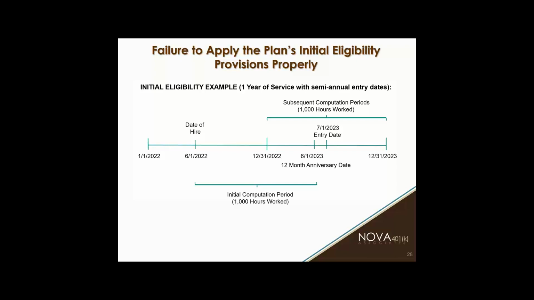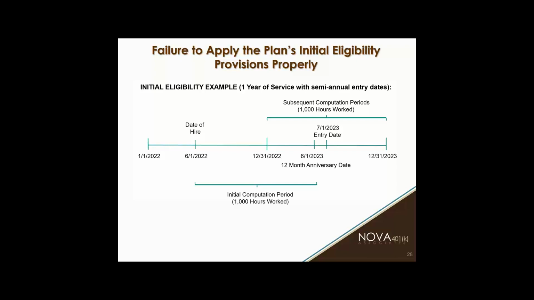You should offer them the plan in enough time that they can make an election for pay periods after 7/1 of 2023. So sometime in June would be appropriate in this case to give them their enrollment materials or a link on how they can enroll online with your investment provider. And then you have to get their elections into payroll, for pay periods beginning on or after 7/1.